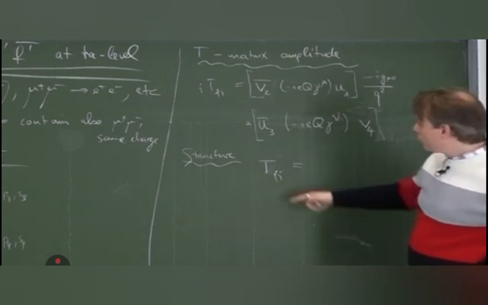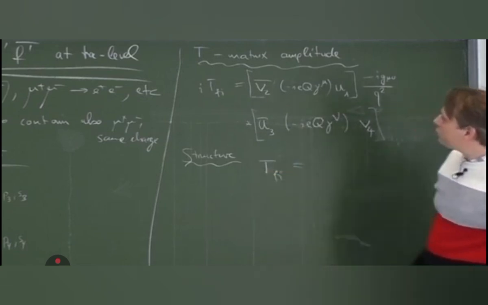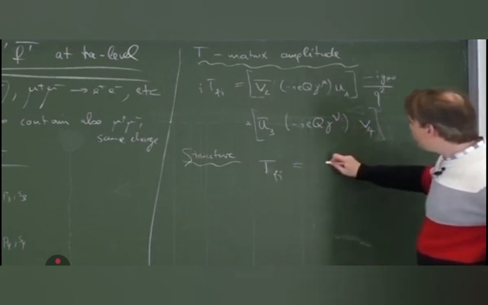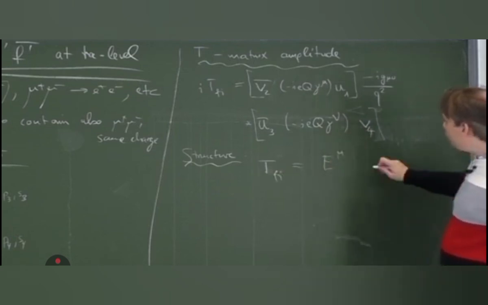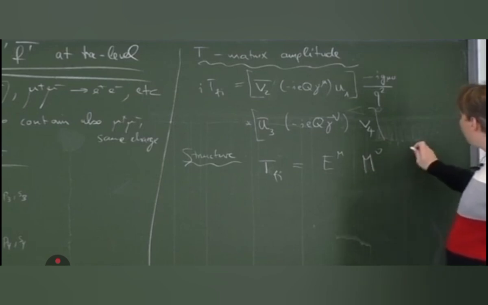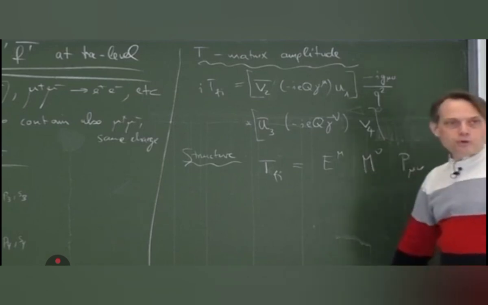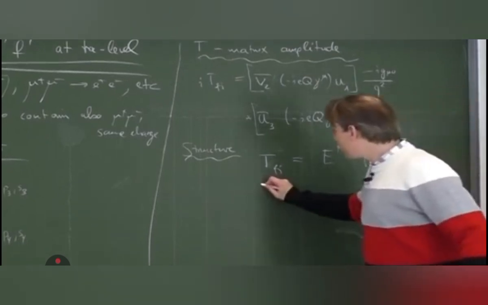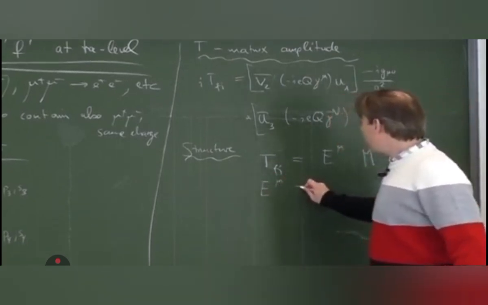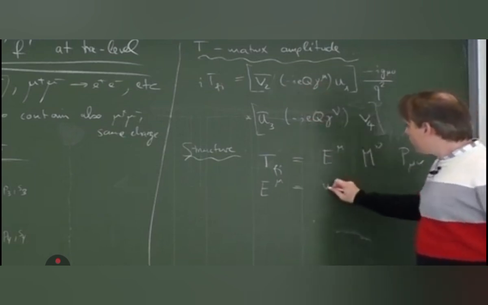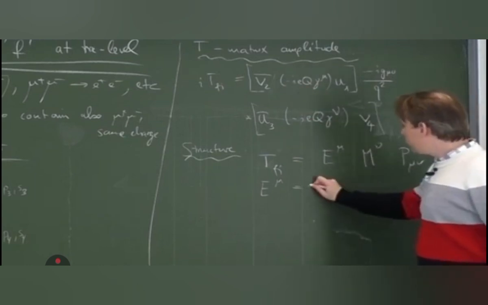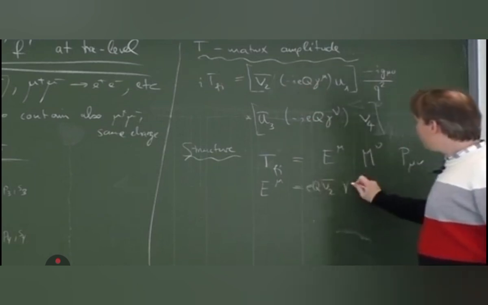And when we write out T_FI without i, then we can simply say that is equal to some electron stuff, E mu, times some muon stuff, M nu, times the photon propagator, P mu nu, and where all these abbreviations are as follows, namely E mu for the electron is now the thing without the minus i, v bar 2, e Q gamma mu u1.